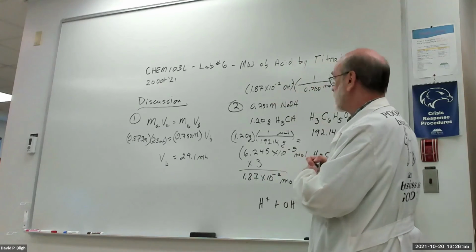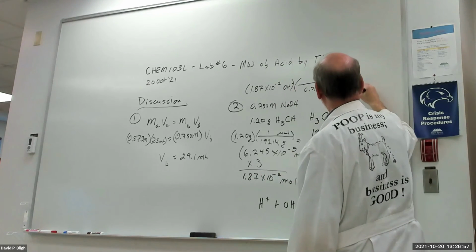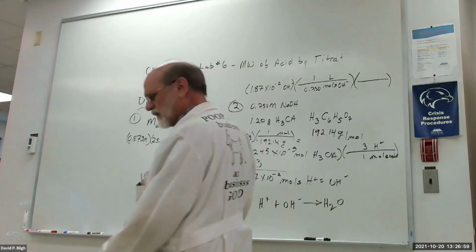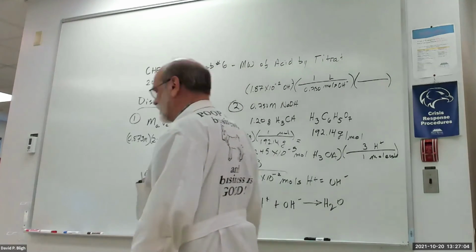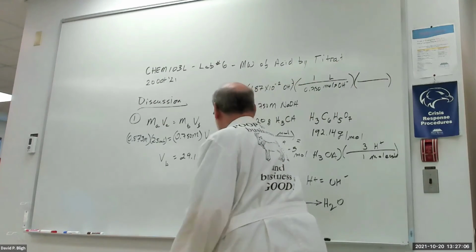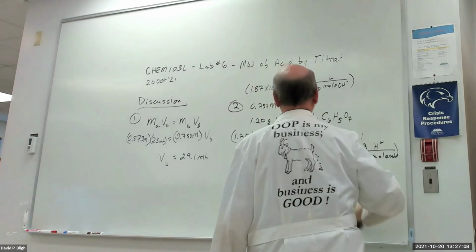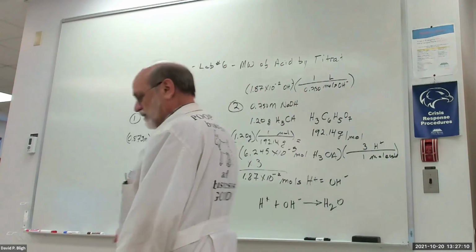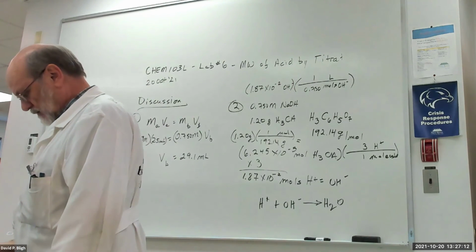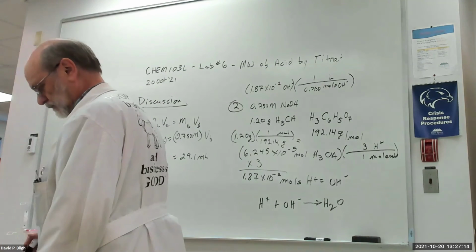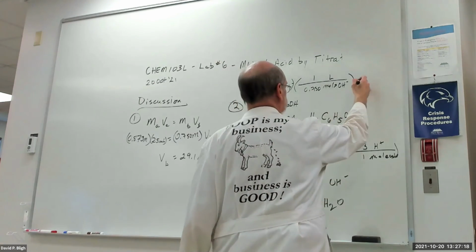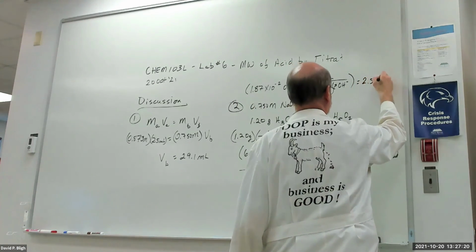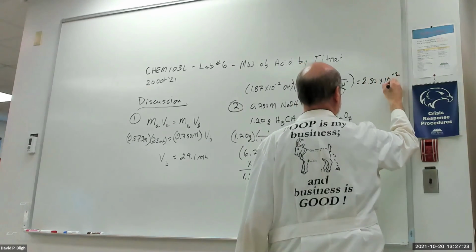Well, this is liters. So we would convert it. Is that the question? How many milliliters? It just says calculate the volume. So we don't have to say milliliters, we can just say liters. Divide this number by 0.75. 2.50 times 10 to the minus 2 liters.